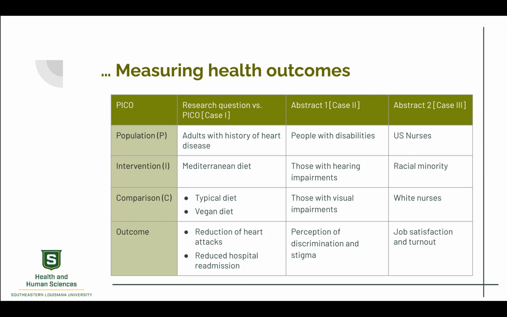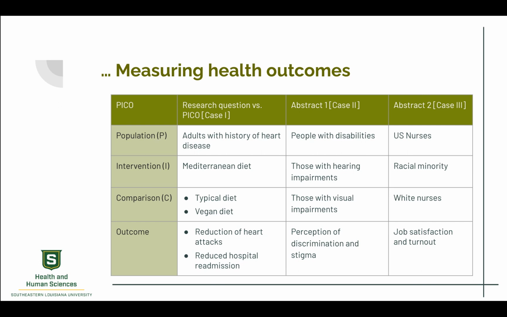In case one, we are trying to determine whether Mediterranean diet is better for adults with history of heart diseases than typical diet or vegetarian diet. And the way that is being measured is by looking at what's happening with reduction in heart attacks.